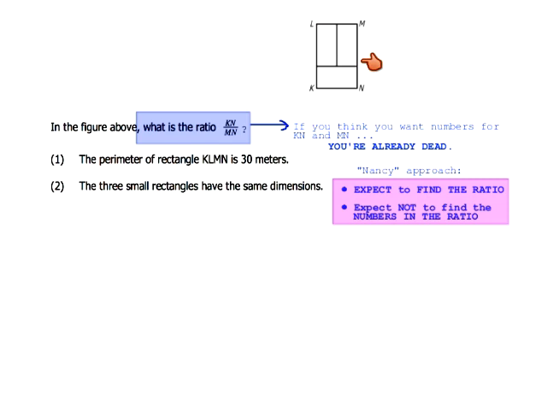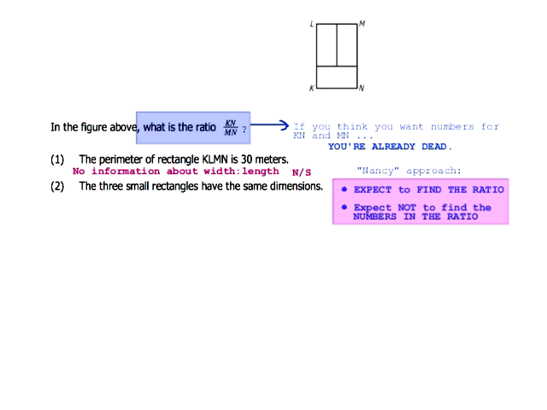This could be anything, right? So the overall perimeter doesn't tell you anything about the ratio of length to width. So no information about width to length. That's not sufficient.